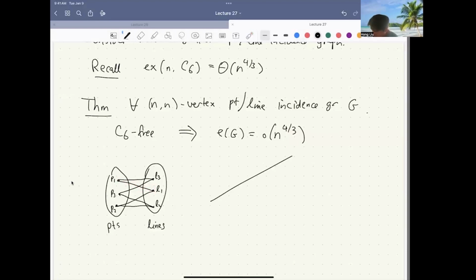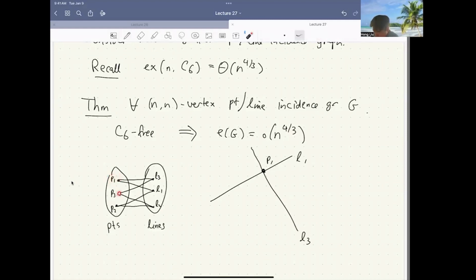So you have L1, and you have P1 somewhere here. You also know there's an incidence between P1 and L3, so P1 is also lying on L3. So L3 and L1 intersect at P1. We are done with P1.